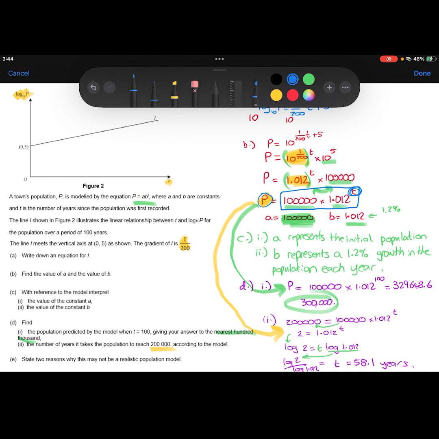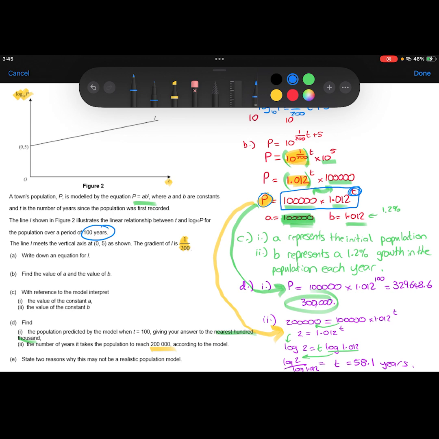The second reason why this might not be realistic is 100 years is a really long time. So to expect the population to continue growing in the same pattern over 100 years is a bit unrealistic. In that time, there could be droughts, there could be food shortages, there could be illnesses, there could be disease, there could be an outbreak of war, who knows.